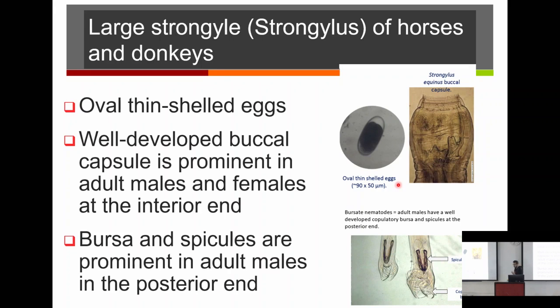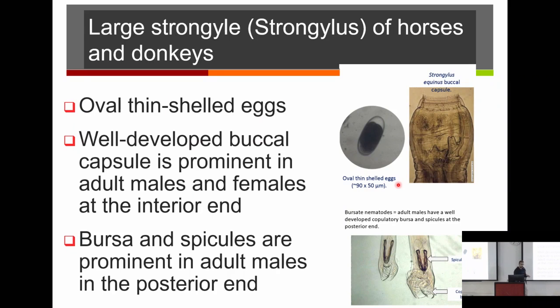So, in the case of the male and female adult worms, they have a well-developed buccal capsule in the anterior end, that is shown here. On the other hand, you will see the spicules and bursa that are prominent in the adult male in the posterior end.